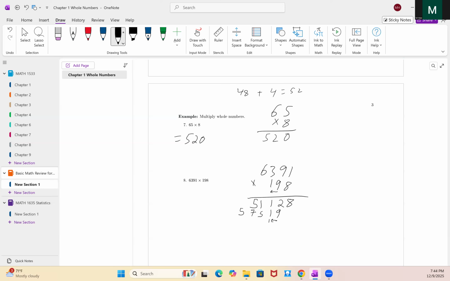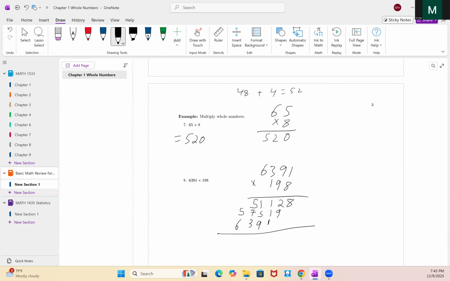So it will be under the 1 on the third location. So 1 times 1 is 1. 1 times 9 is 9. 1 times 3 is 3. 1 times 6, 6. So we keep moving to the left as we put the products in the bottom.